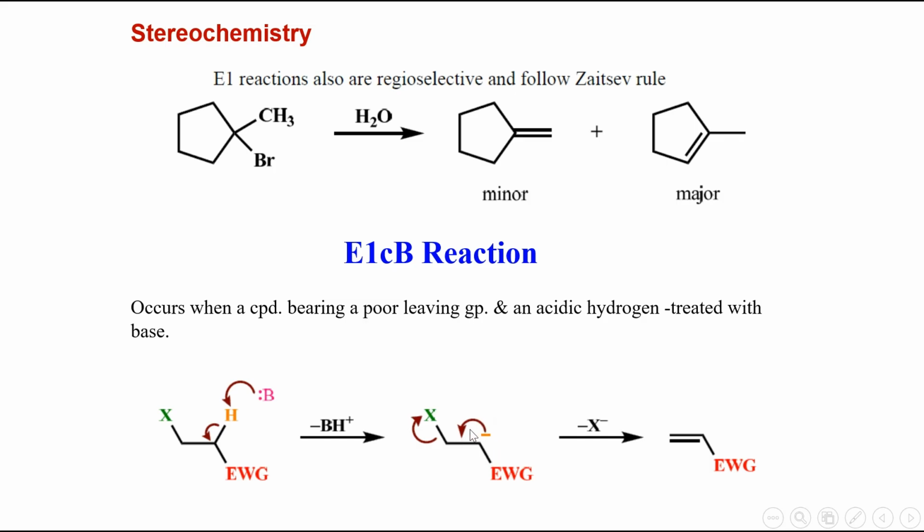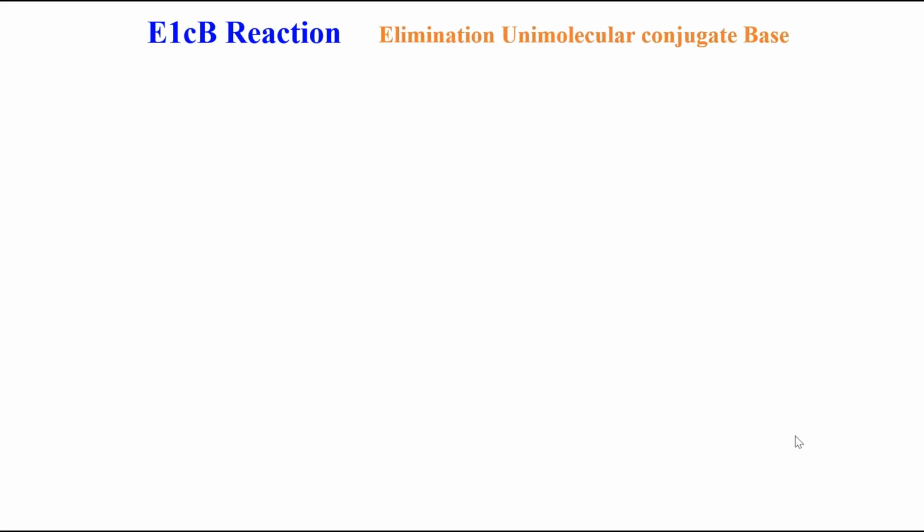This conjugate base which is formed shares its electrons with the adjacent carbon and the carbon halogen bond breaks and it gives an alkene. What is this E1CB? E1CB stands for Elimination Unimolecular Conjugate Base.